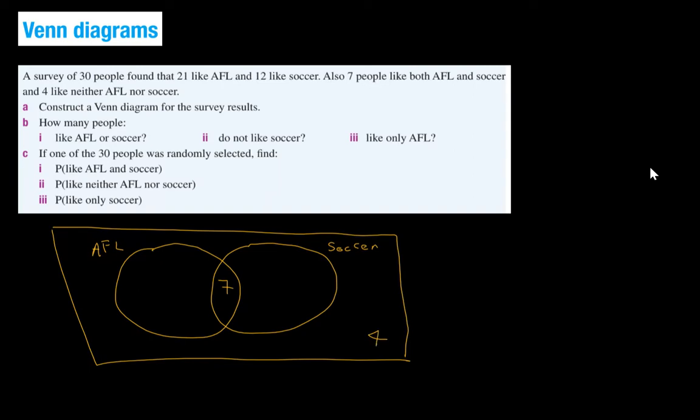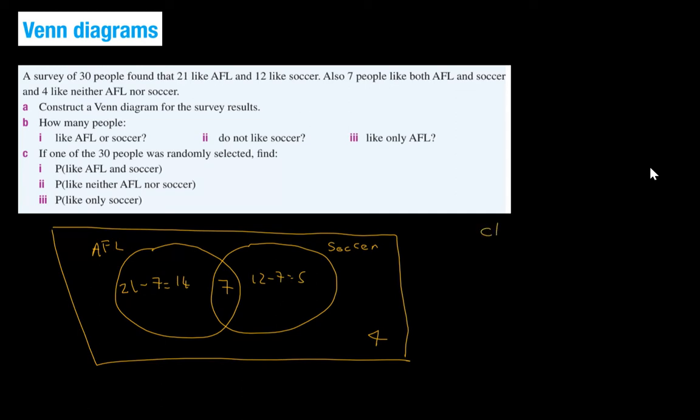Now, how do we decide how many people like just AFL? 21 people like AFL, but within that 21 people there are 7 people who also like soccer. So we need to subtract 7, otherwise we would have counted it twice, to give 14. The same with soccer. We've got 12 minus 7 is equal to 5.